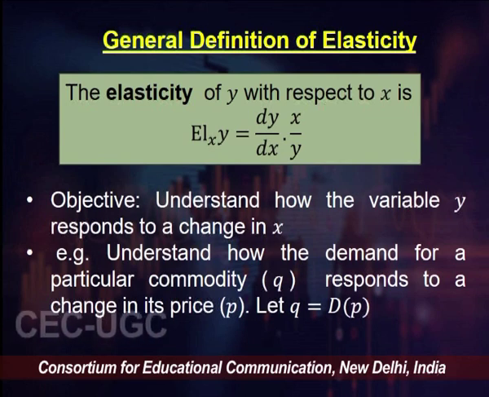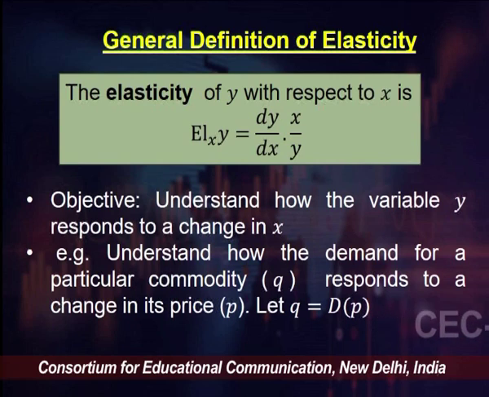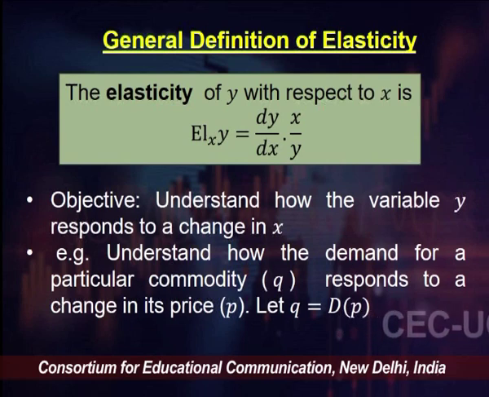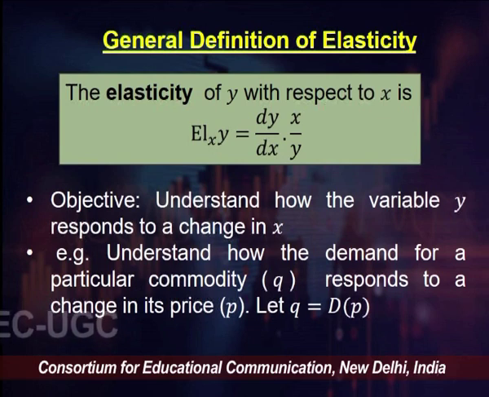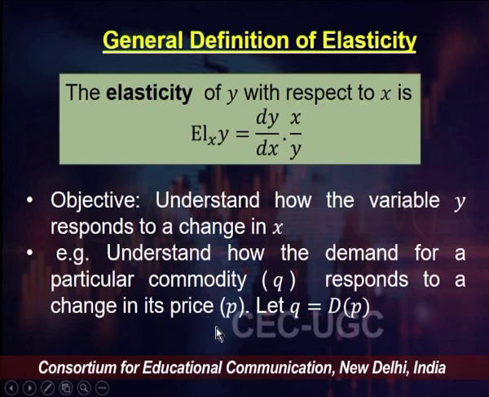Now, to give it some perspective and bring in things from the point of view of what we do in economics, let us replace y, which is a dependent variable, with the demand for a particular commodity, the quantity demanded, which I am representing by Q. And the x variable in the original definition, I am representing by the price.